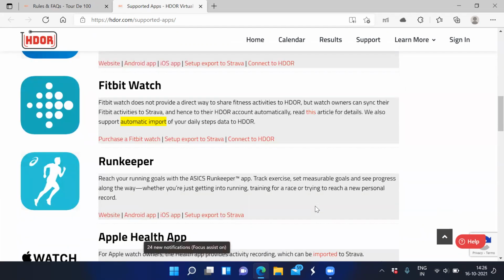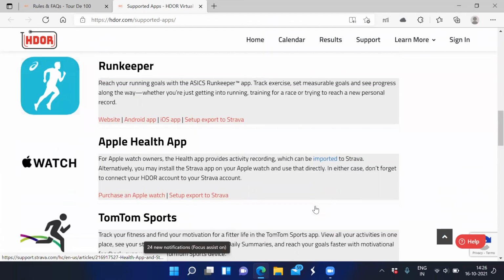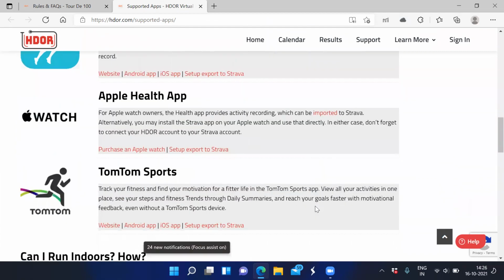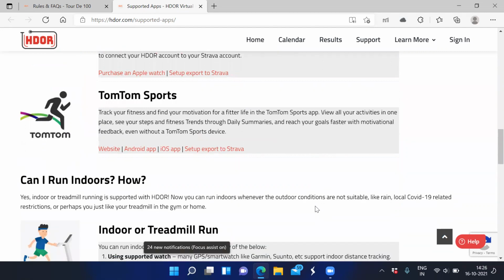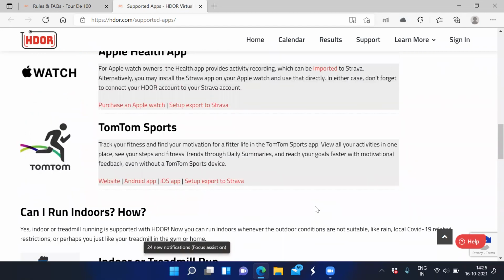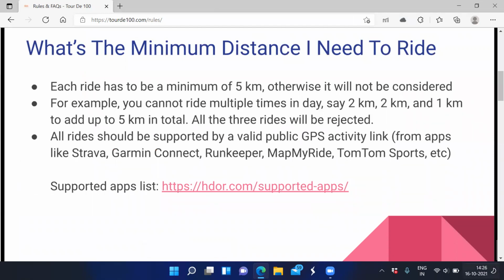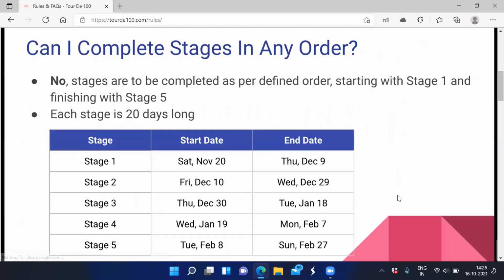Then Fitbit Watch, then Runkeeper, then the Apple Health app, definitely. Those who have an Apple Watch can surely go ahead with this. And the last one is TomTom's. So these are a bunch of apps which you can use for this event, which they have permitted.